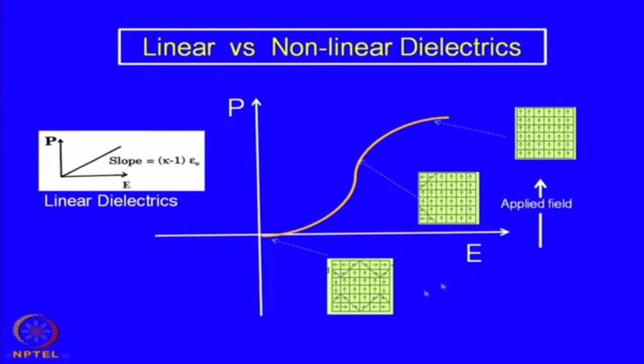So, random orientation to a completely ordered state, and even after the application of further field, there will be no further change in polarization, it will almost saturate here, and that is the value of what we call the saturation polarization. So, this is the relationship of a nonlinear dielectric or a ferroelectric dielectric compared to a linear dielectric, which is a non-ferroelectric dielectric. Okay. So, that is the basic difference.